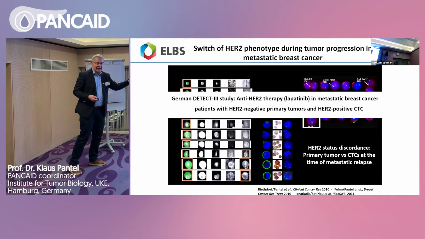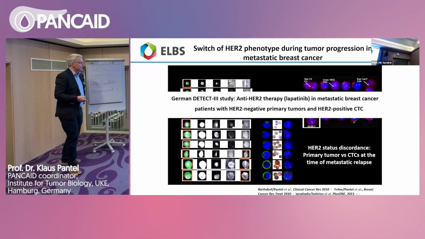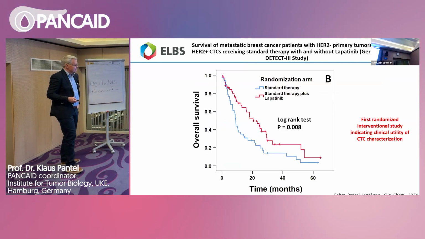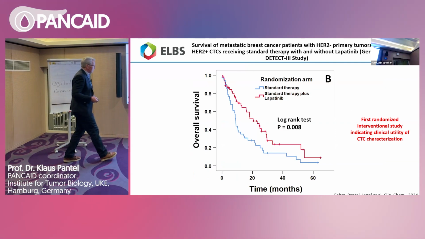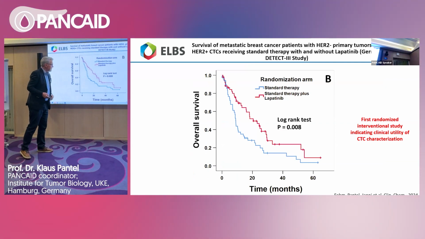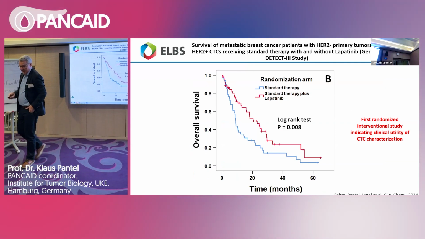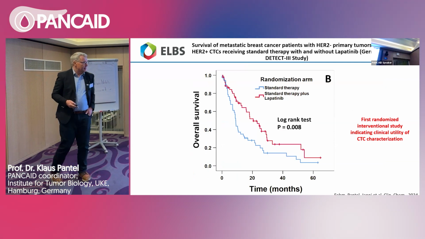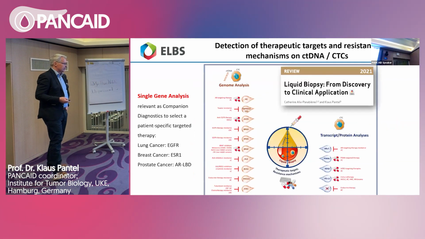They never would get an anti-HER2 therapy because the primary tumor was negative, but they were now positive in the metastatic situation. And as you can see here, the red curves, the patients that received additional HER2 therapy had a better overall survival than the patients that just got the standard therapy.